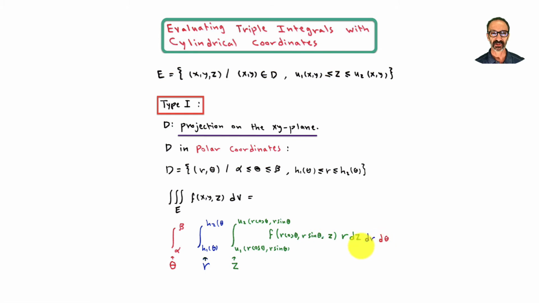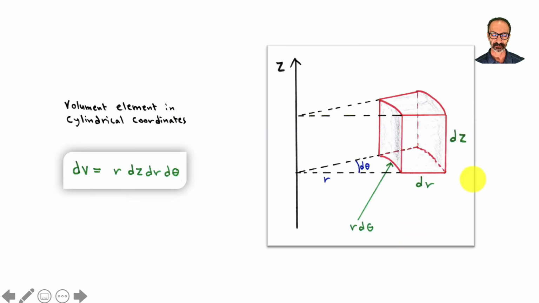Just keep this in mind. The green one refers to z, the blue one refers to r, and theta refers to alpha and beta, or d theta.